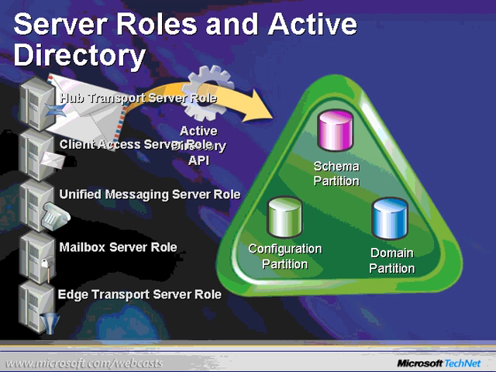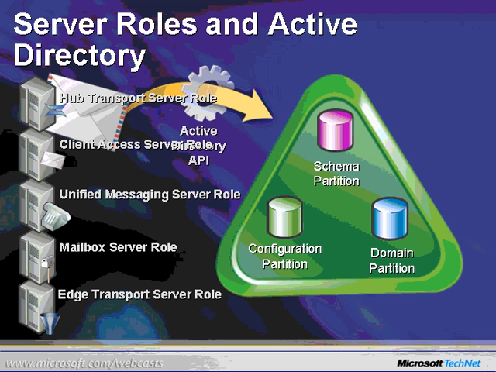So if you have a rule that says emails with Social Security type numbers in there are not allowed to flow outside of my organization, I can create that rule for the Hub Transport, and it will inspect and then enforce that policy. Going back to that compliancy piece, as I have journaling rules that I want to turn on, it's the Hub Transport role that's going to be responsible for journaling all those emails for me. So that's the first role.